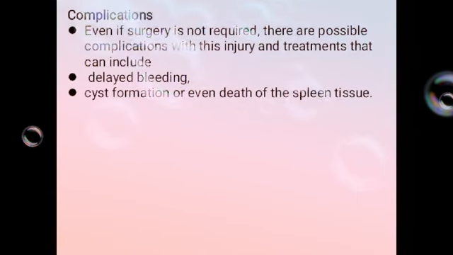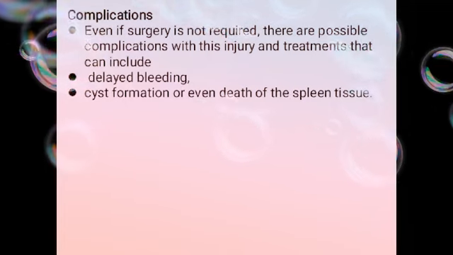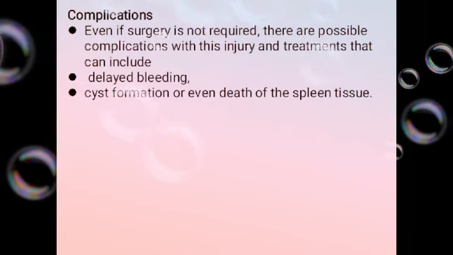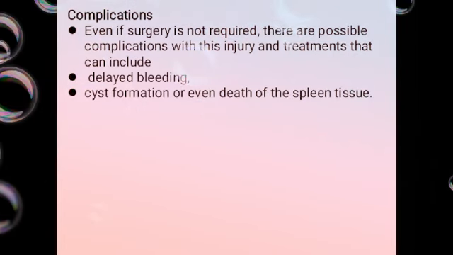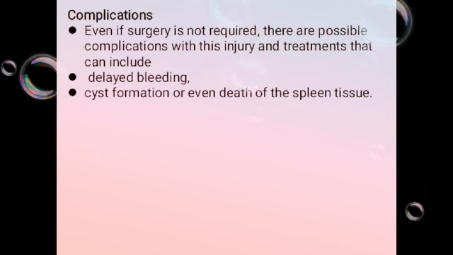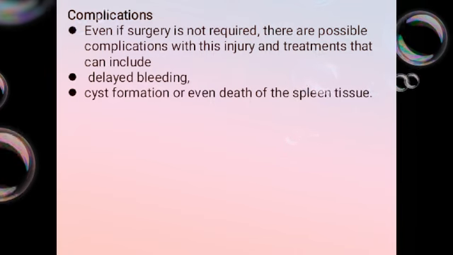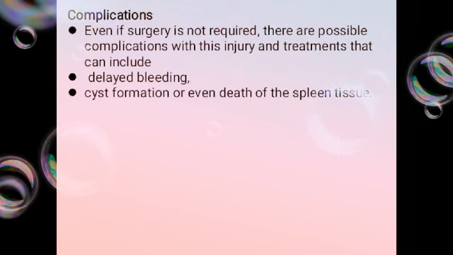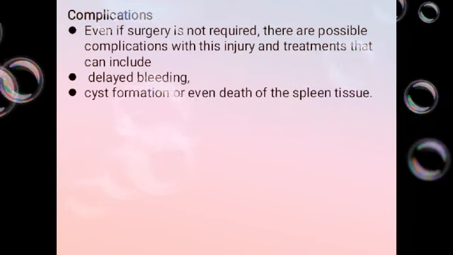There can also be cyst formation, or even death. The cyst formation is just an accumulation of fluid within the surface or capsule part of the spleen, but it can also lead to the death of the patient due to the severe loss of blood.